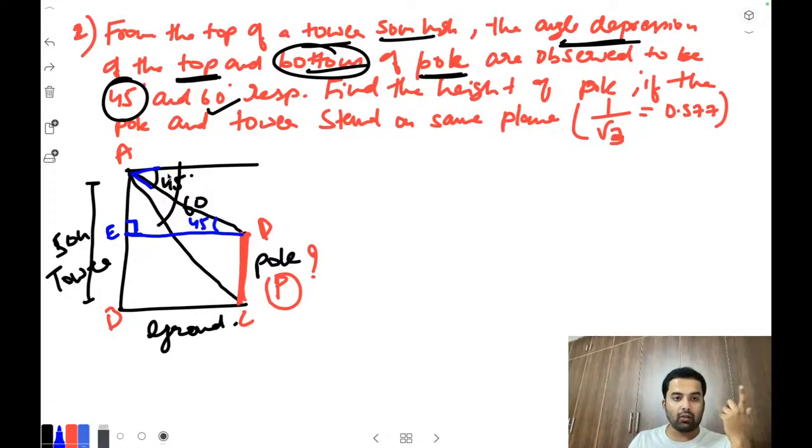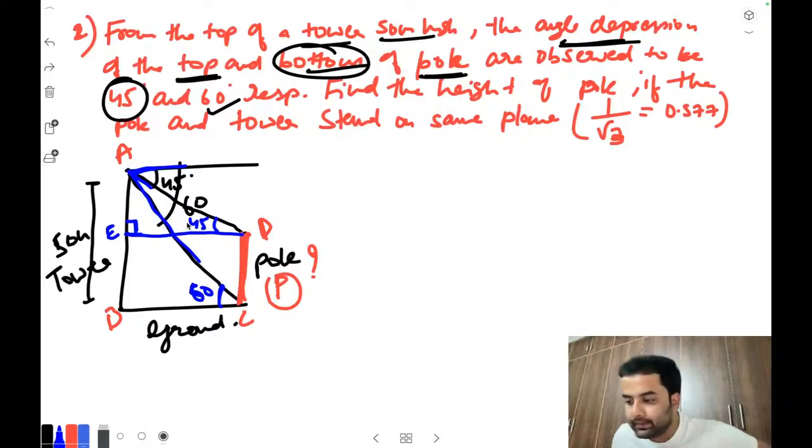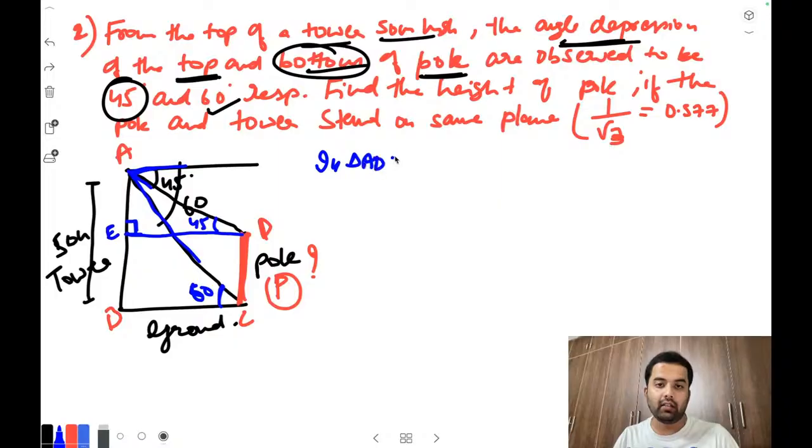Now if we talk about this 60 degrees, this whole will come, so this becomes 60 by the help of AIA for both. Is it okay? Now how to get the answer of this one then? Just take that first triangle, in triangle ADE, theta is 45.